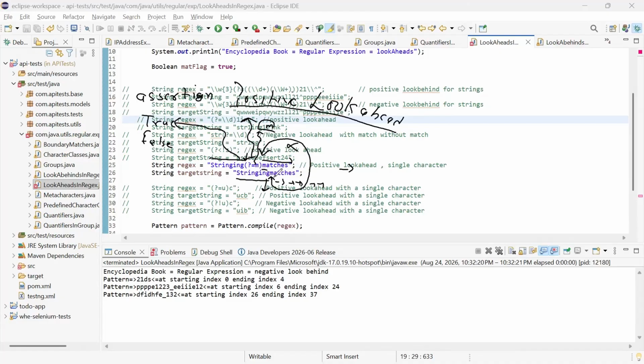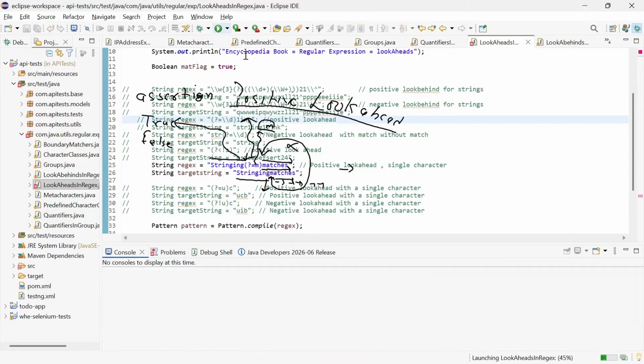So the condition is satisfied, and now it moves ahead like a normal regular expression, matching the whole string. This is how the positive look ahead works.